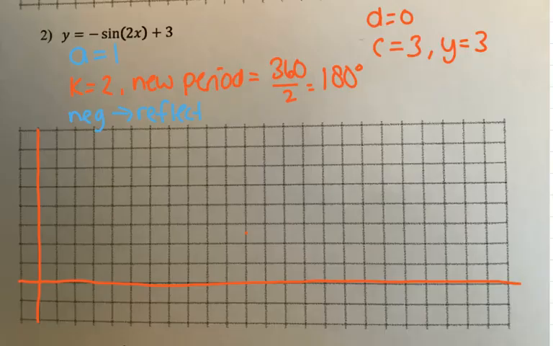So this is -1 down here. There. -1, 1, 2, 3, and 4. And then we're going to do the same thing as last time and go up by 15, so every other tick is 30.